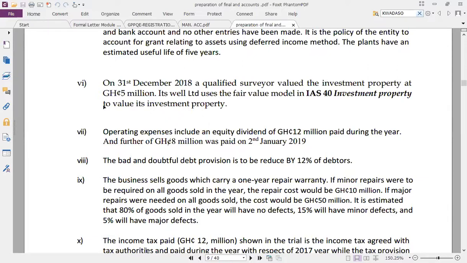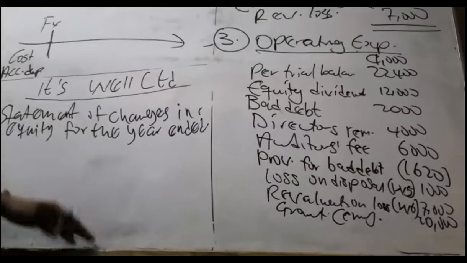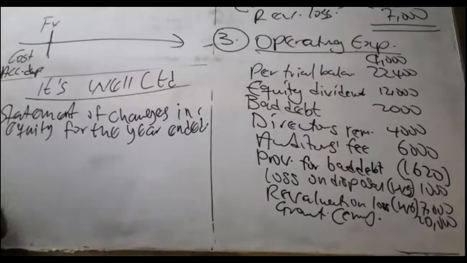So let's take note. If you finish hard and work hard, the same thing is there. That one was a gain, so you add it to other income. So there's a loss of 1,000. So fair value loss on investment property. In fact, this figure is supposed to be positive.